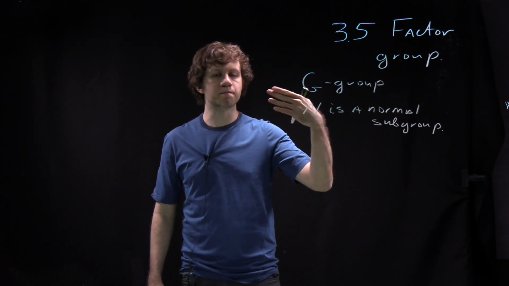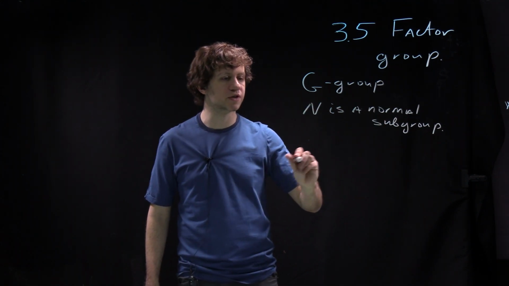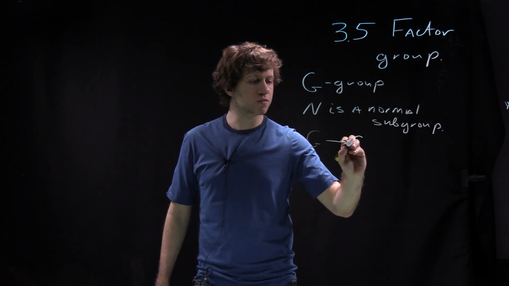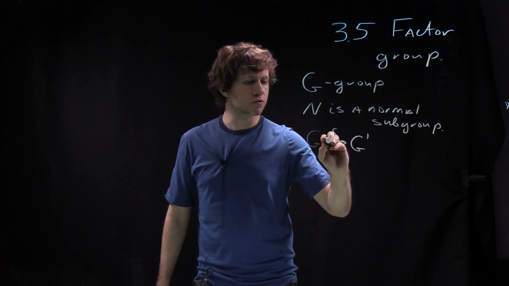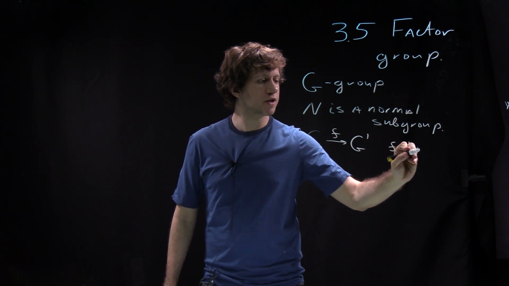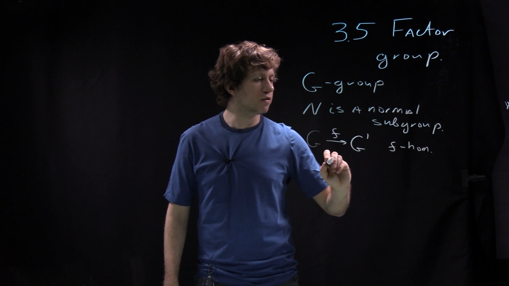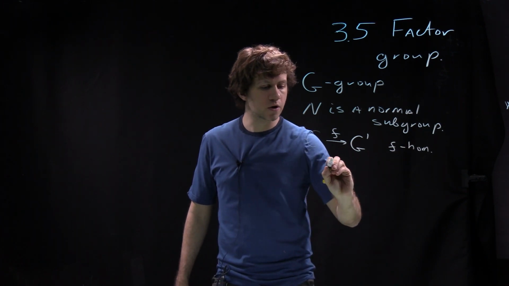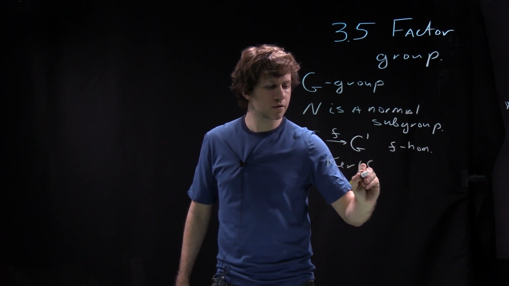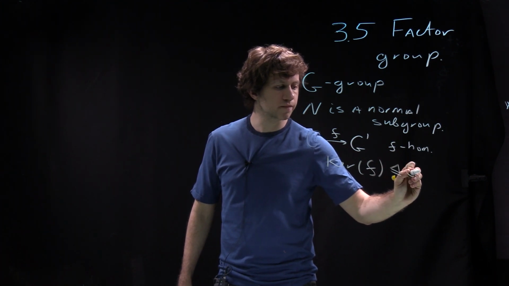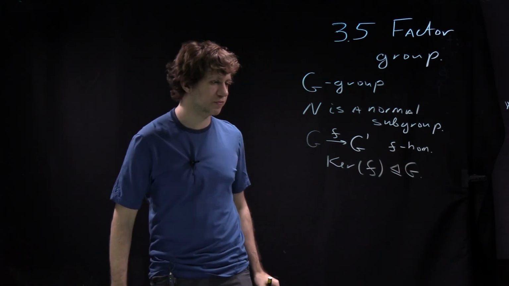Normal subgroups appear as kernels of homomorphisms. So if you have G, a homomorphism to G prime, which is denoted by F, F is a homomorphism, doesn't matter, it's injective, surjective, or neither, then the kernel of F is a normal subgroup in G. And this is how we denote normal subgroups.